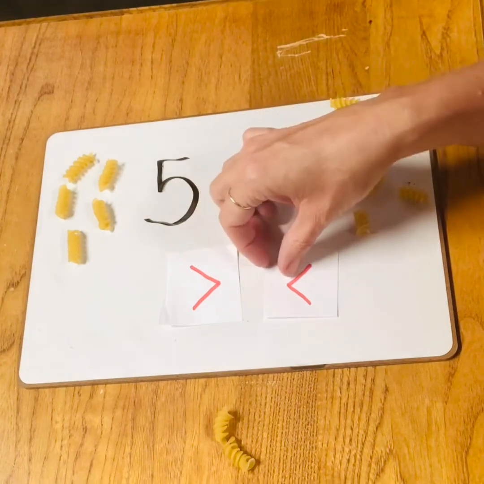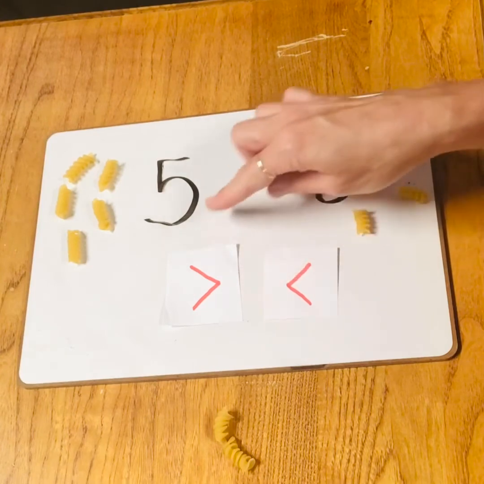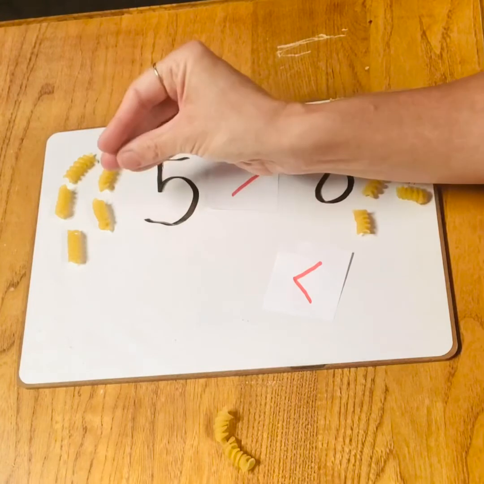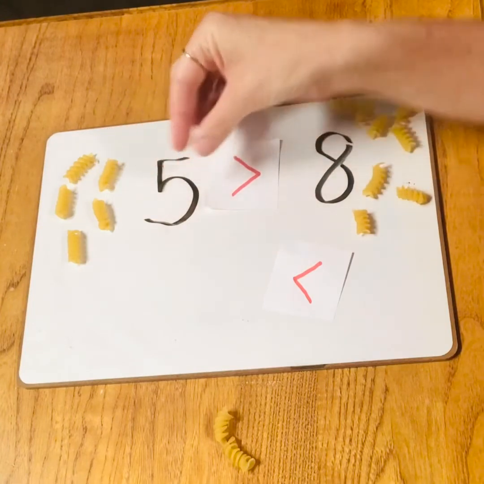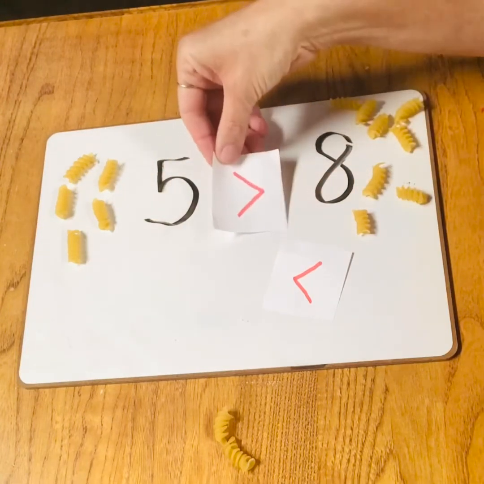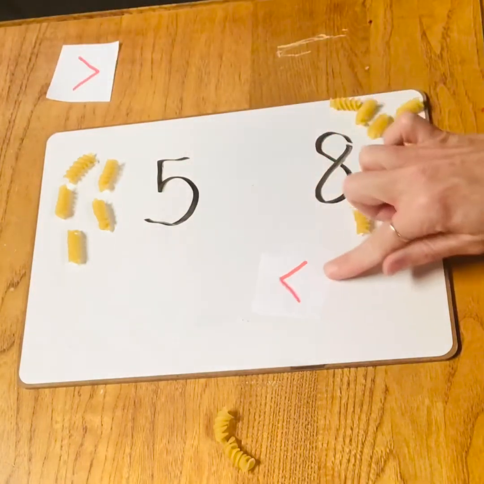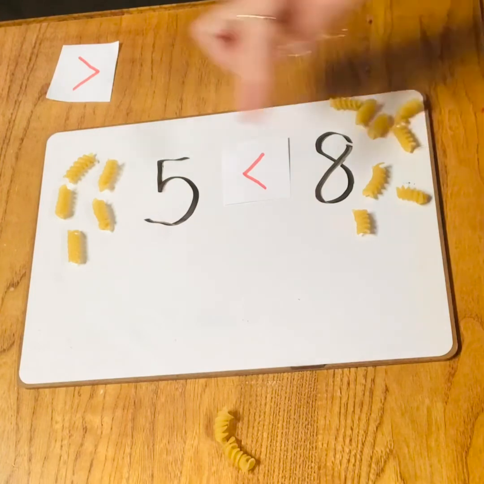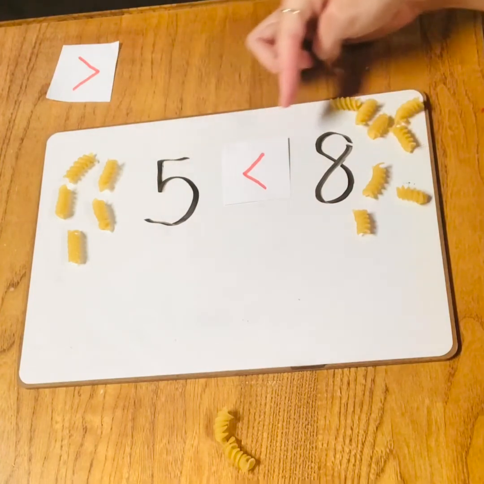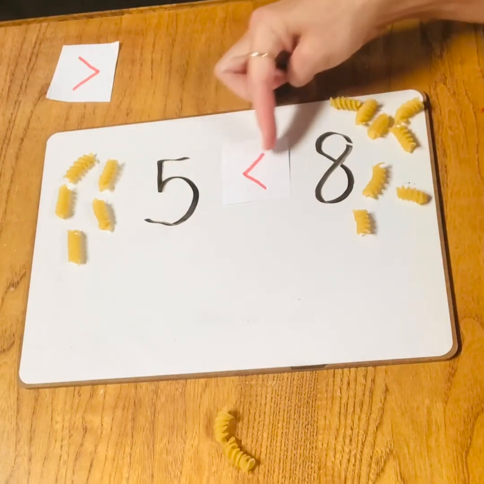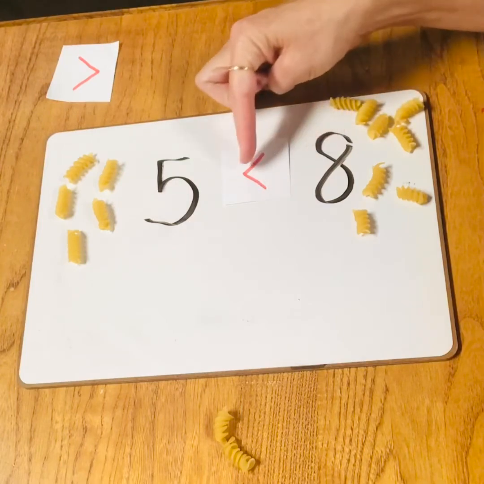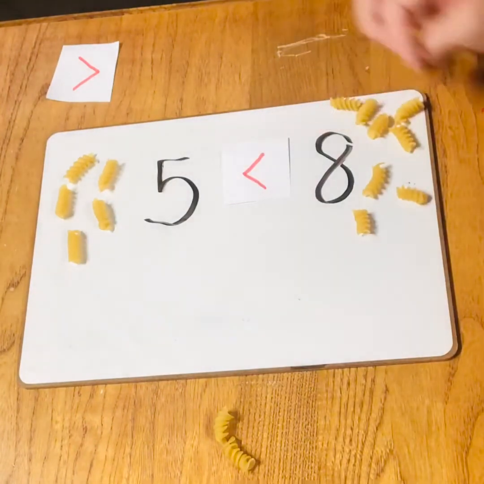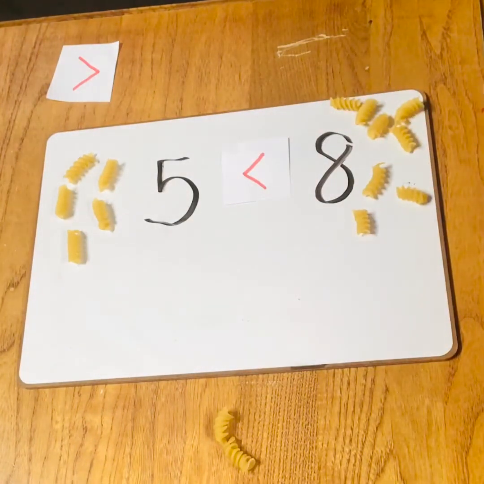I do not want to have my alligator's mouth facing 5, okay? That would mean that the alligator is not eating the greater number, all right? So this is the symbol I'm going to use. This shows me that 5 is less than 8. 8 is our greater number because the alligator's mouth is going towards the larger amount, the larger number.